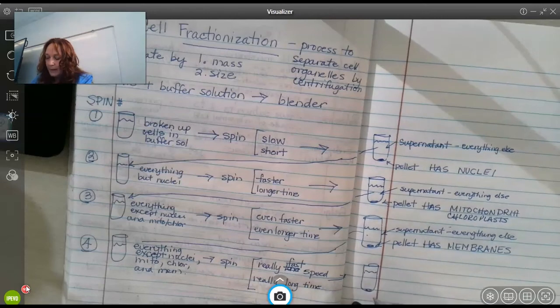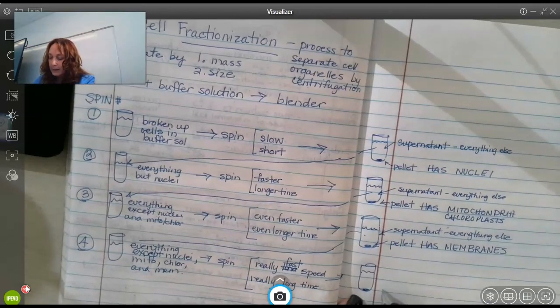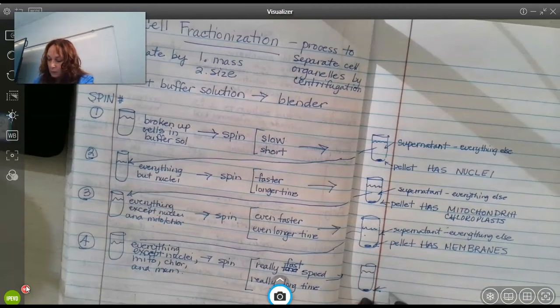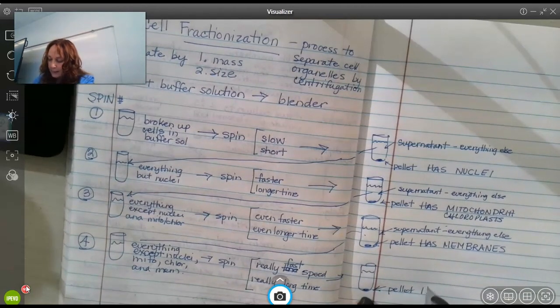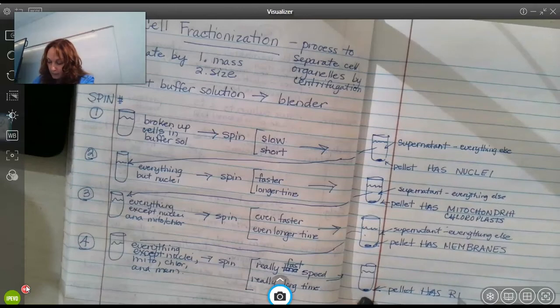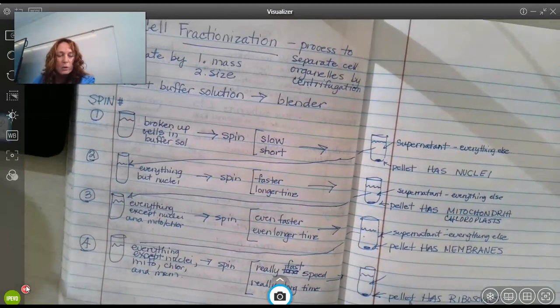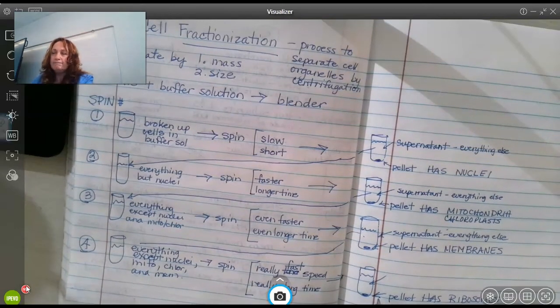You're going to have a pellet, and the pellet is going to contain what was solid and left in here. So the pellet has the ribosomes. So they're the smallest. And your supernatant really is only going to have just the cytoplasmic type.